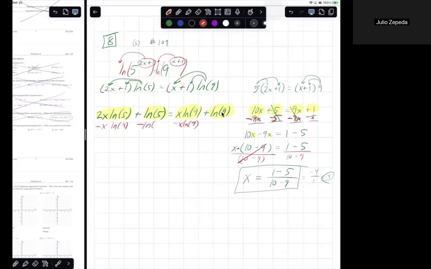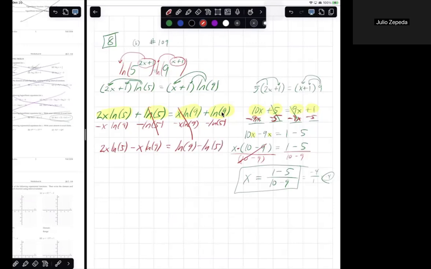So here we're going to subtract the natural log of 5. And so we end up with, this is exactly why I didn't combine 10x minus 9x, because here 2x natural log of 5 will not combine with x times the natural log of 9, but that's okay. We don't have to combine it. Equals the natural log of 9 minus the natural log of 5.